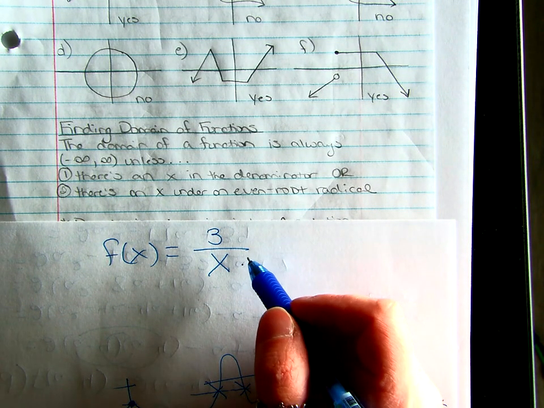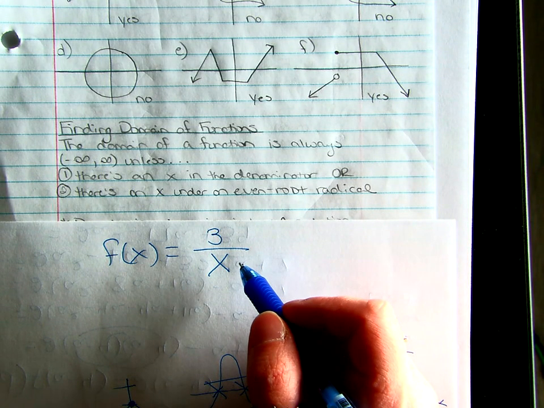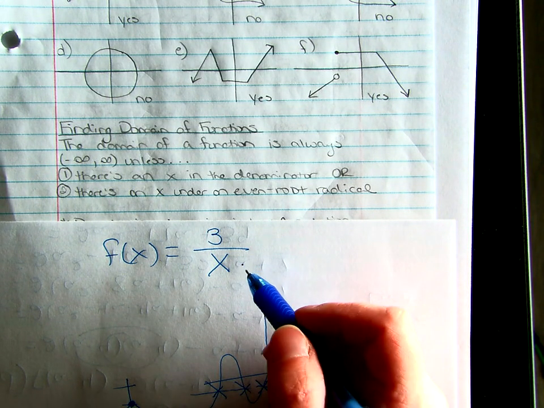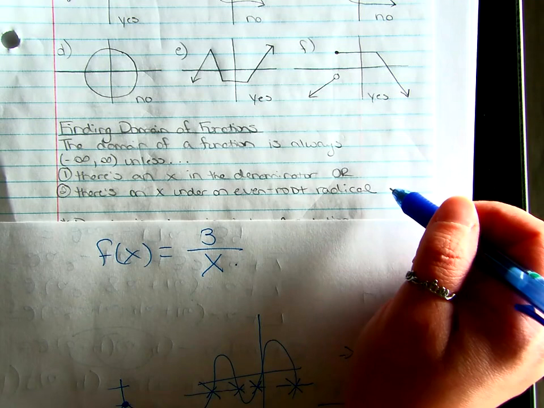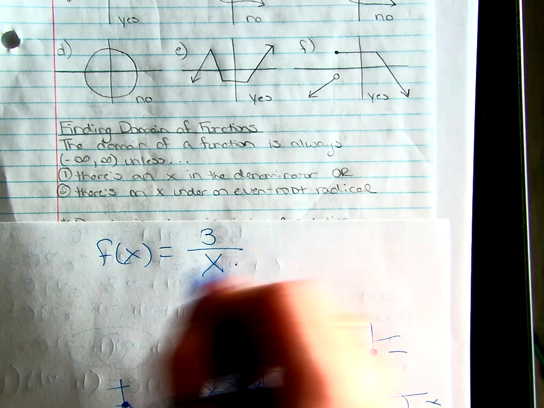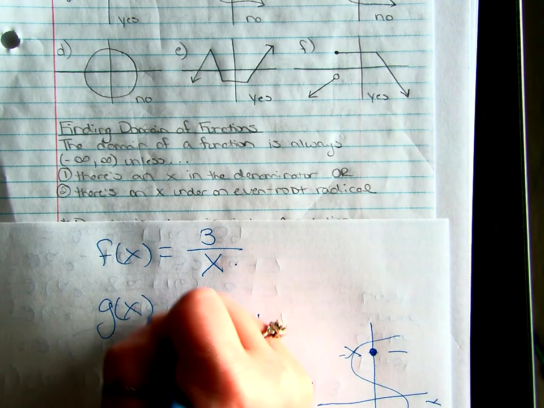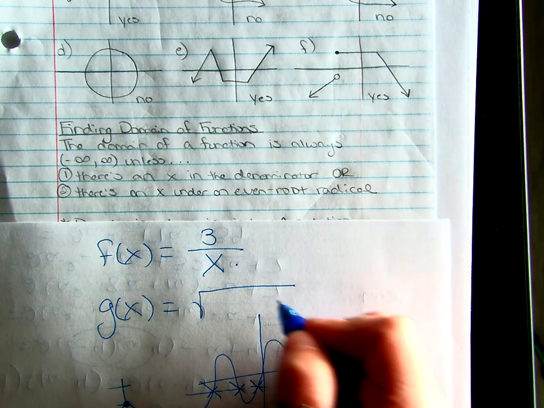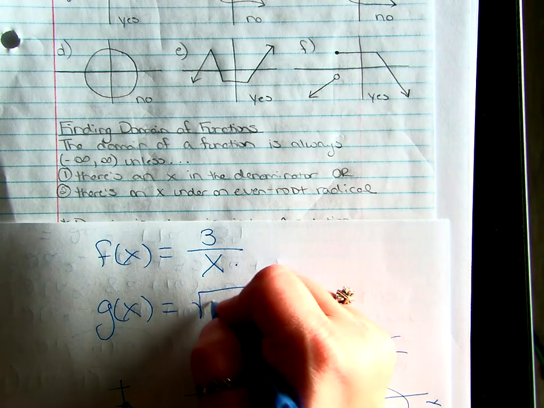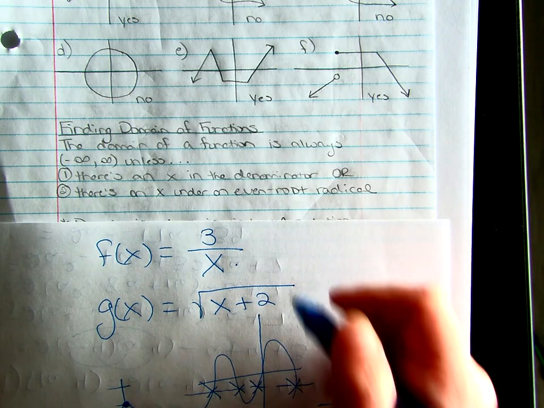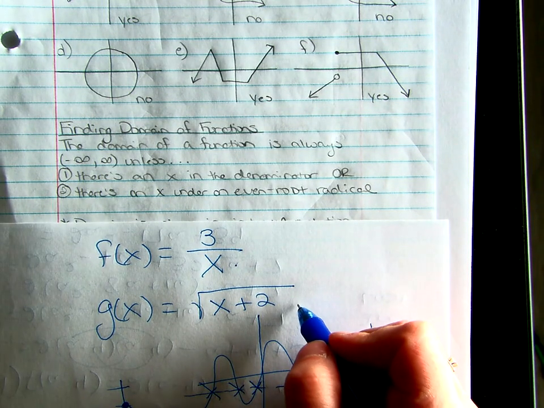The other situation where it's going to affect your domain is if you have a function with an even-rooted radical, and there's an x underneath it like this. Even-rooted radical, so like a square root or a fourth root or a sixth root or something like that.